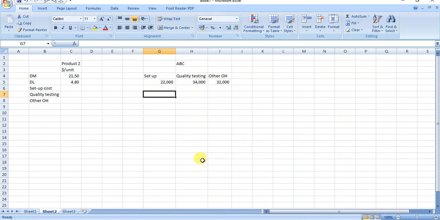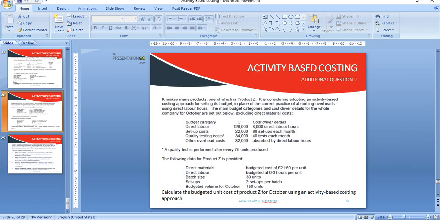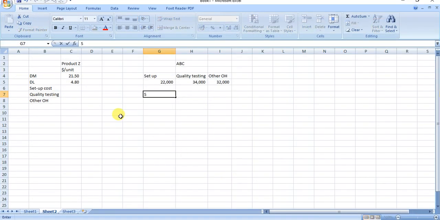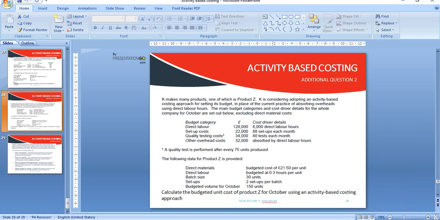What is the cost driver for them? Given to you. Setups, tests, labor hours. Number of setups, number of tests, labor hours. Number of setups was given 88.